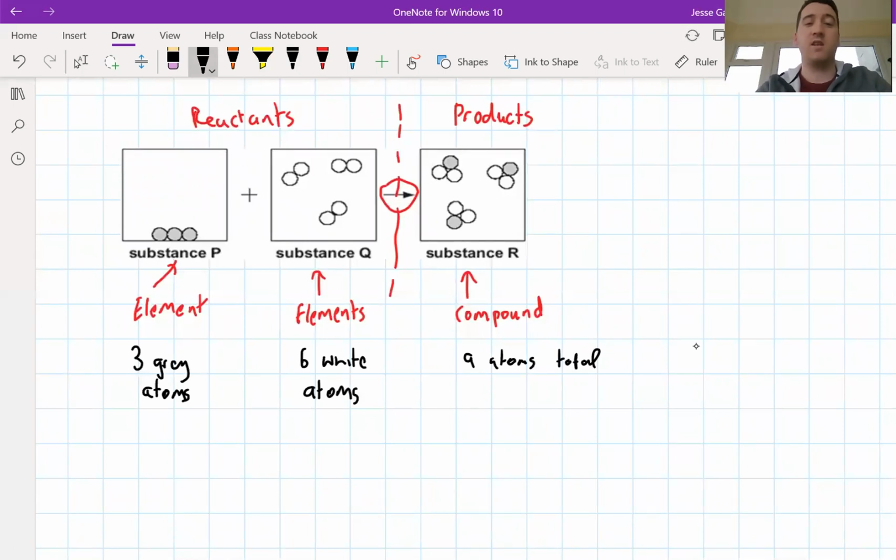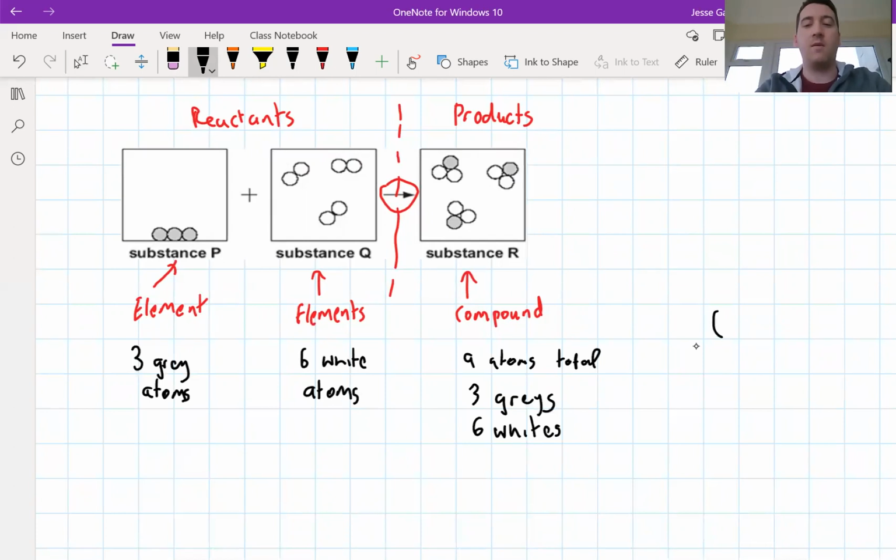That makes sense because if I put in 3 atoms and 6 atoms, I should have a total of 9. What are those 9 atoms made of? Well, I count again, 3 grays and 6 whites, which is exactly what I started with.